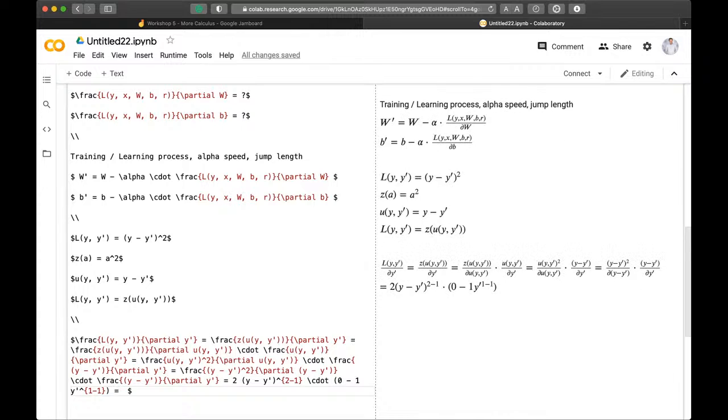And now we derive the final equation, right? This is very simple, like any person from high school can do this part. So it's just minus 2y minus y prime, right? So now we have this equation ready.